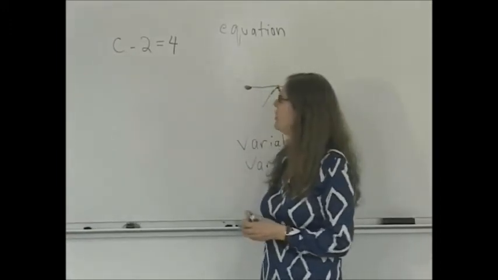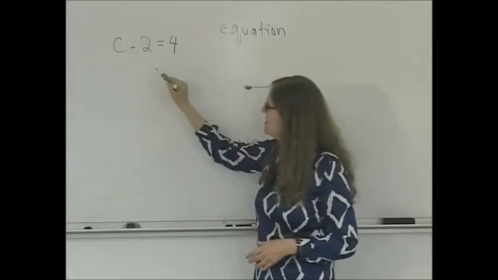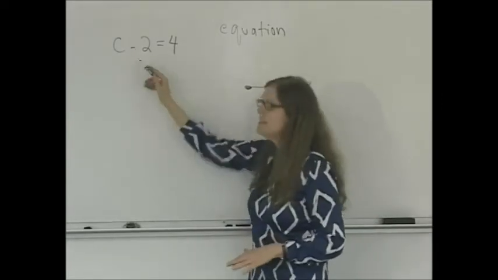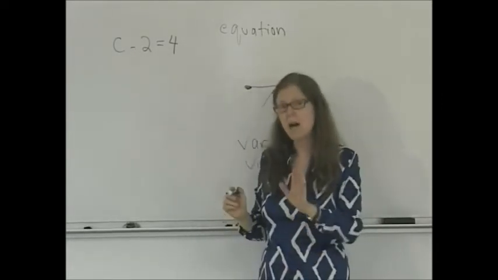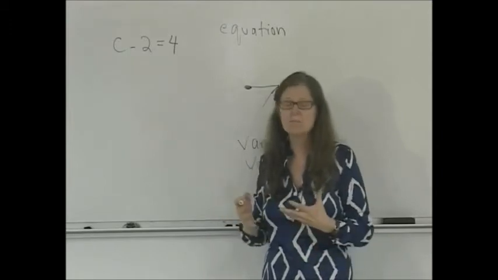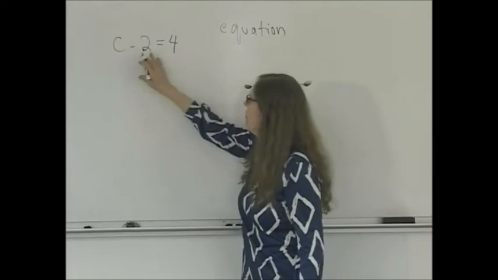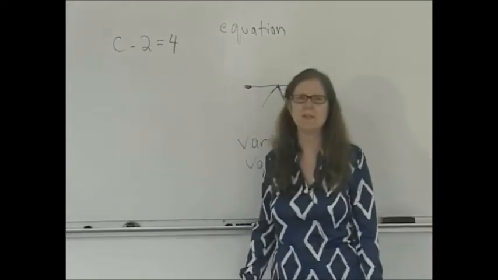So what I'm really going to try and do is get something that says C equals some number. So I need to isolate the variable C on one side of an equation so I can make such a statement. How can I get C by itself and not have the minus 2 on this side?